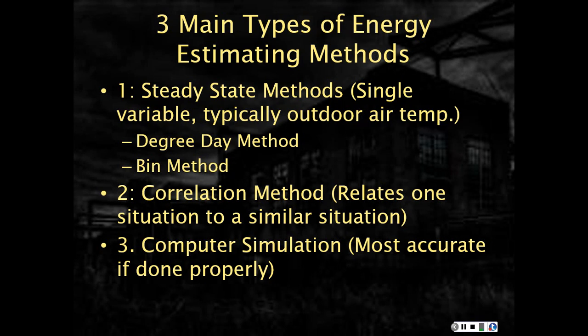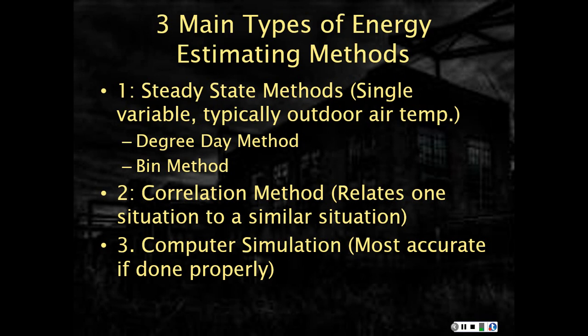Finally, the most complicated, and if it's done right, the most accurate, is where we actually recreate the building inside a computer. So we do a computer simulation. Again, computer simulations can give us some of the most accurate information on what's happening, but it has to be done properly.